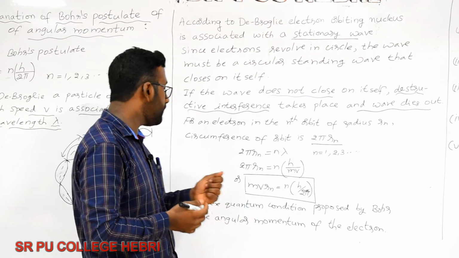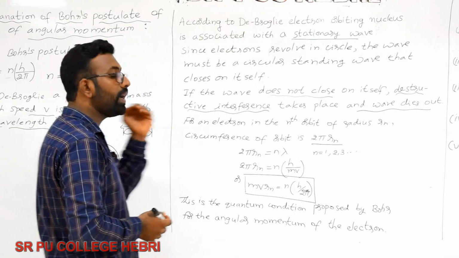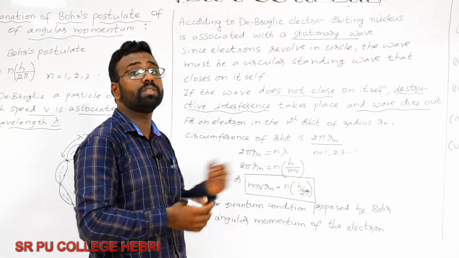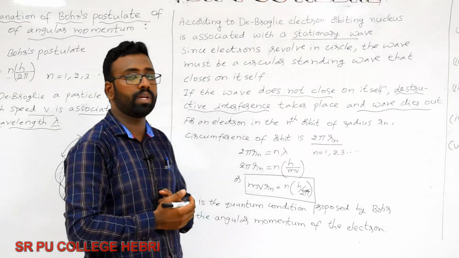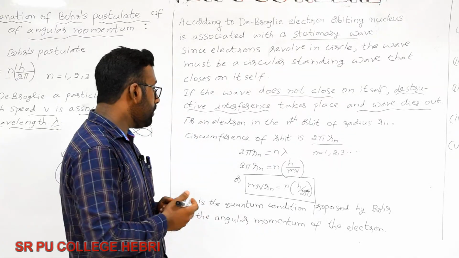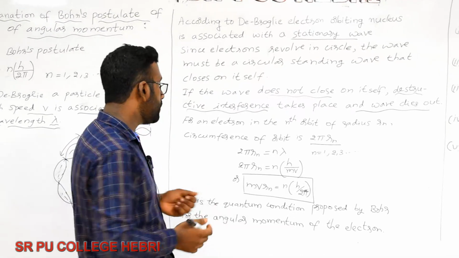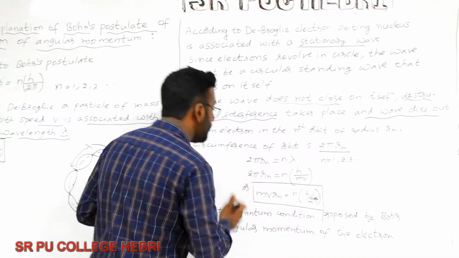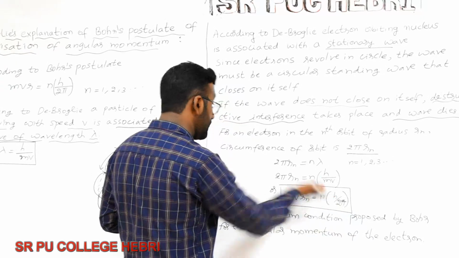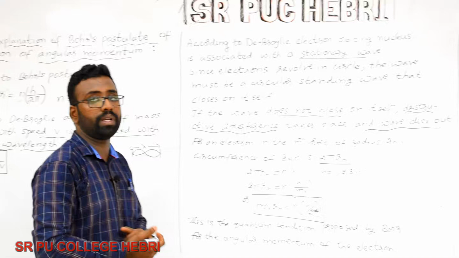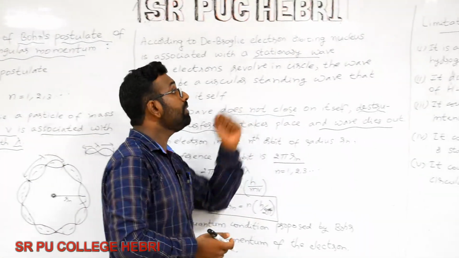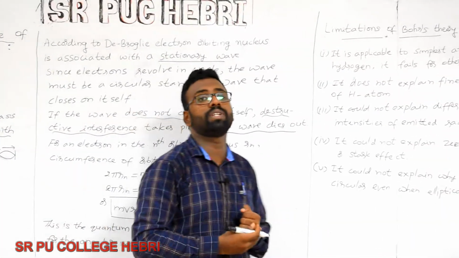So this condition provided by Niels Bohr was proved by de Broglie. The equation for the angular momentum of the electron was proposed by Bohr but actually proved by de Broglie.